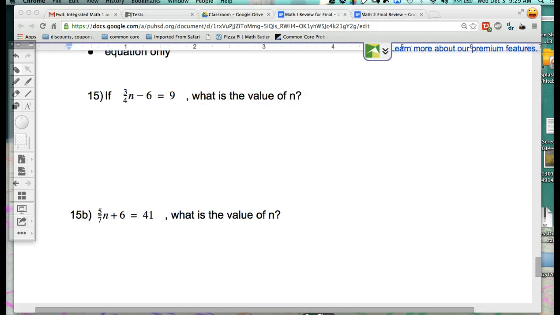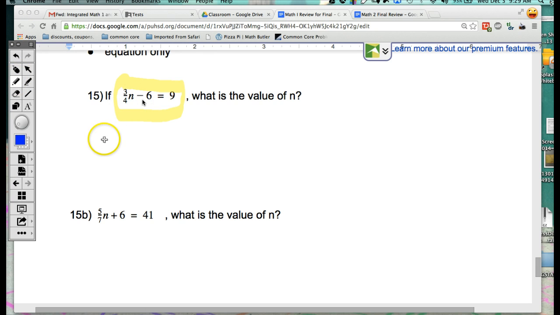Okay, so now let's take a look at question number 15, okay? I know. So first you gotta copy this obviously, right? And just so you know, this is 3 over 4n. So what we have to do right now is we gotta isolate the n, okay?